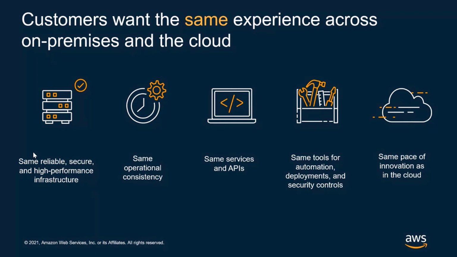The ideal state is that you're going to use the same solution stack in the AWS region and in these local areas where you're going to deploy to meet your locality and sovereignty needs.